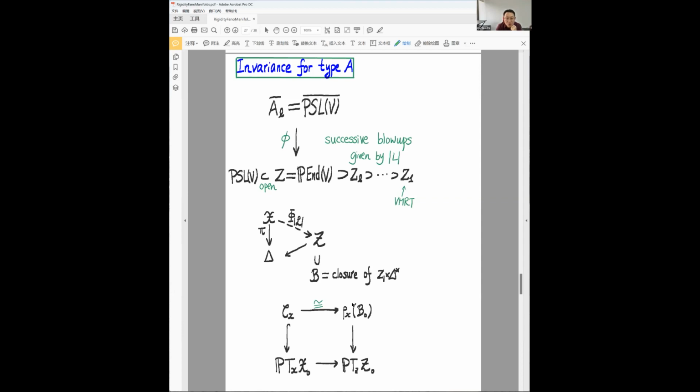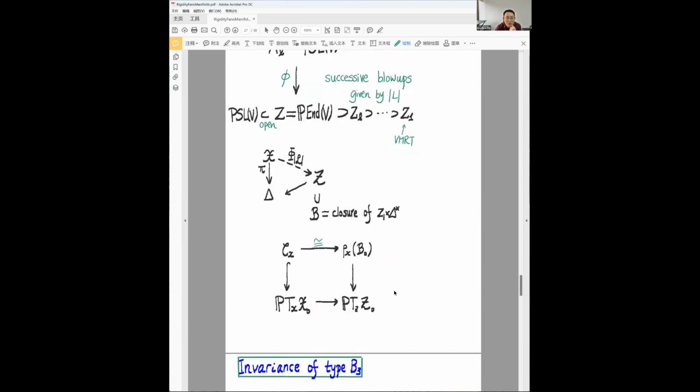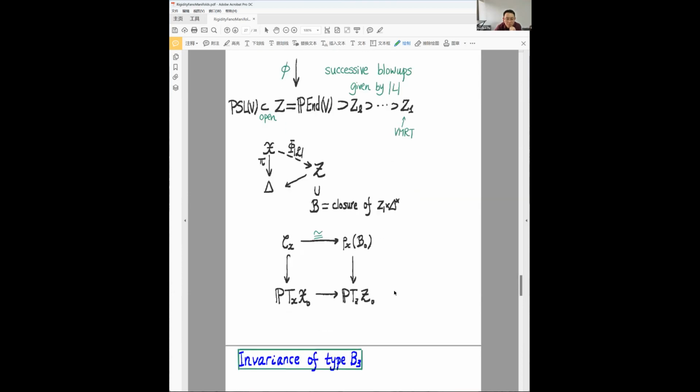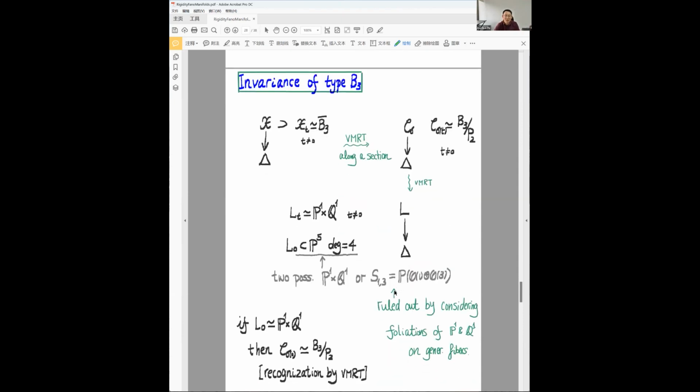We cannot assume the central fiber has a Fano VMRT. So we need to really rely on the explicit construction of this VMRT, and to show the central fiber is also Pn cross Pn. And also the invariance of type B3 is really complicated.